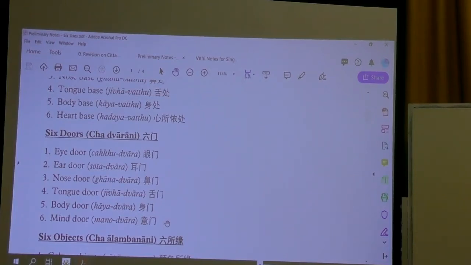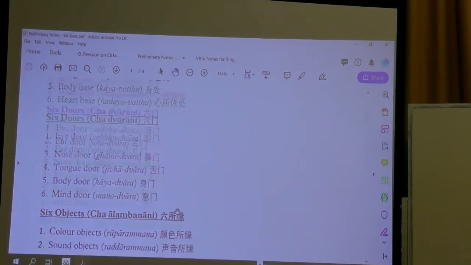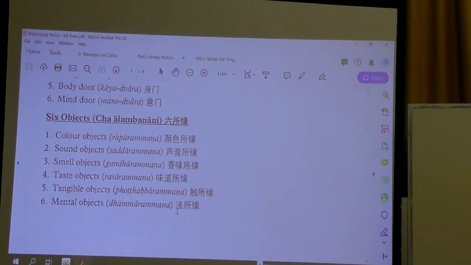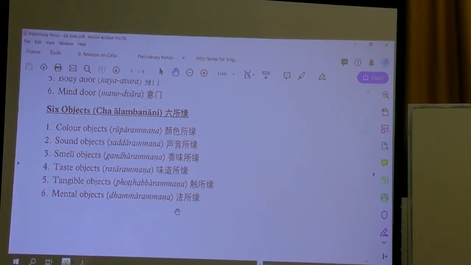Now you want to know what the six objects are. Color object, sound, smell, taste, tangible and Dhamma object, the mental object. I already explained before that there are five or six types of Dhamma object.